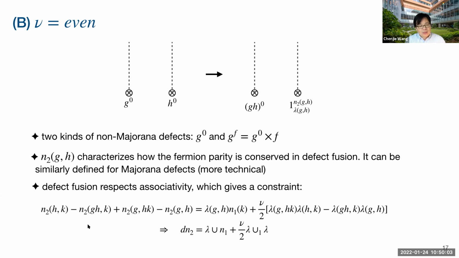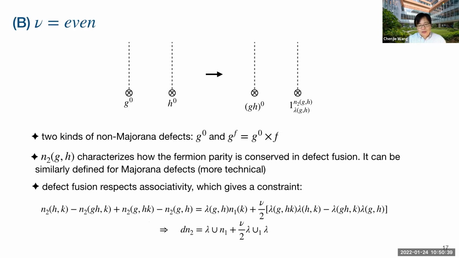The left-hand side is some combination of the N2 that we defined here. The right-hand side is some quantity built out of this lambda and this mu. More compactly, mathematically, we can write it in terms of the so-called cup product, lambda cup 1 lambda, which may be less familiar to you, but it basically just means this expression. Then the left-hand side is the 3 coboundary, so we got this equation.